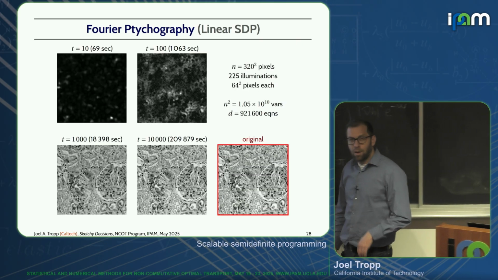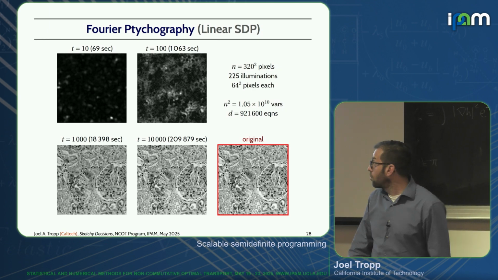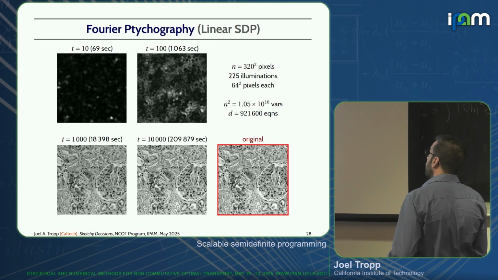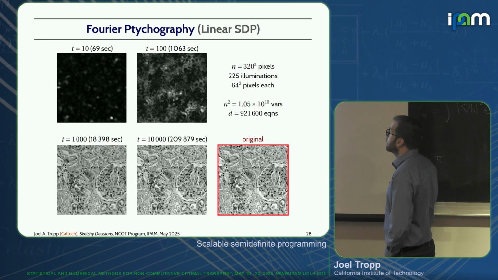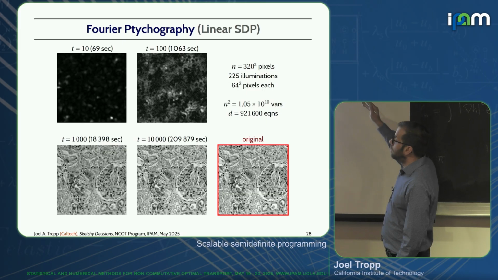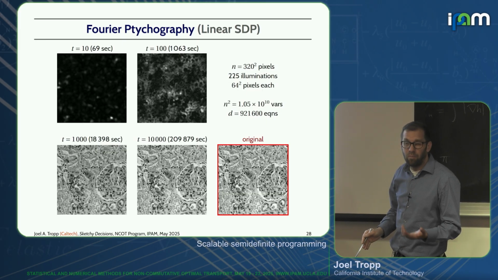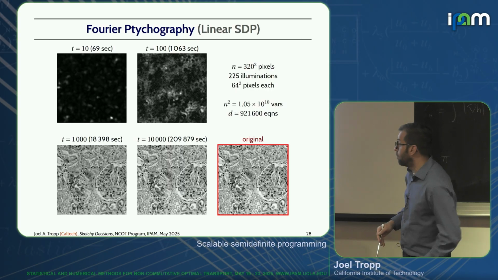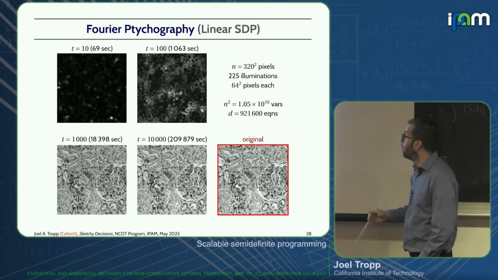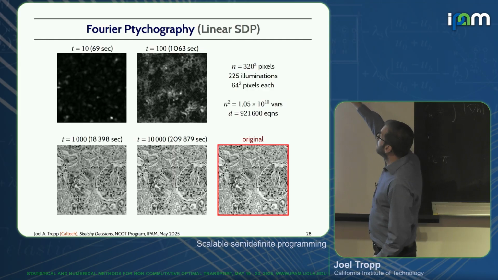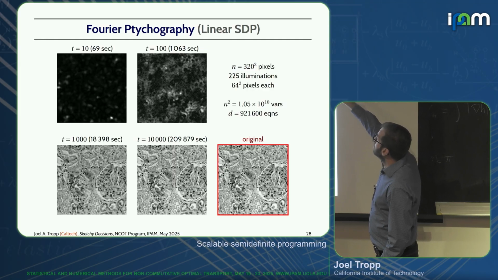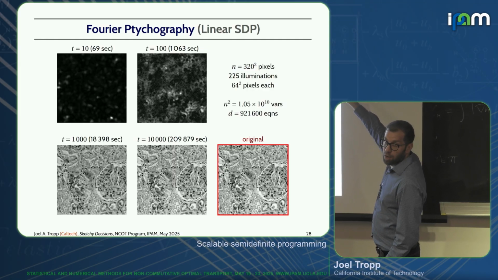All right, now coming back to the problem we started with, Fourier ptychography, there's a linear SDP formulation of the same thing. And we did this for a slide that has a sample of cells infected with the Marburg virus, which is horrible. And so now we have much bigger images.